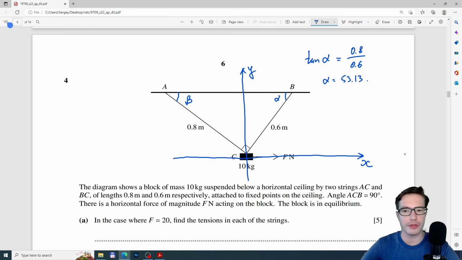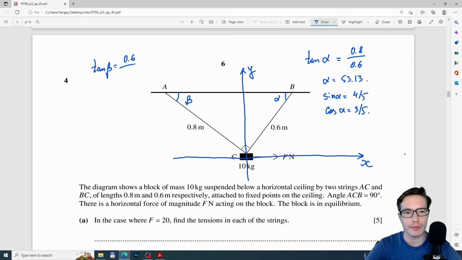Knowing those sorts of questions, I will calculate sine alpha and cosine alpha straight away. And the same for beta. We can find tangent beta first, 0.6 over 0.8.